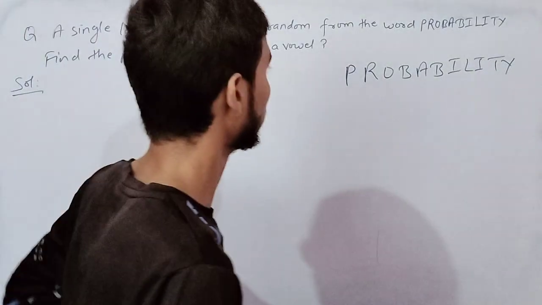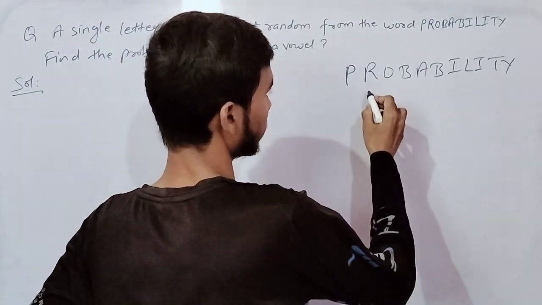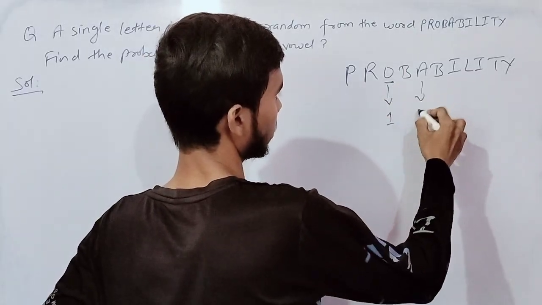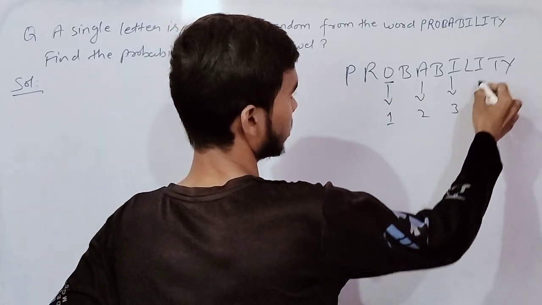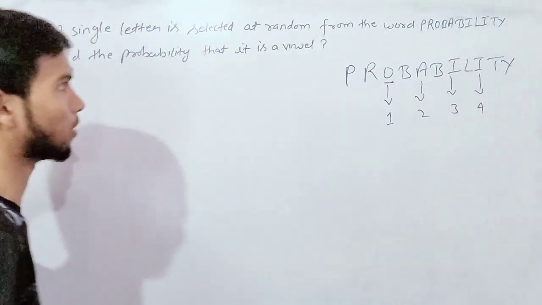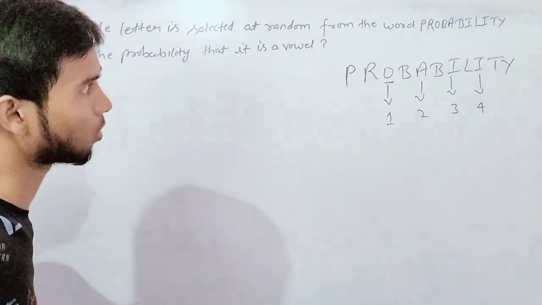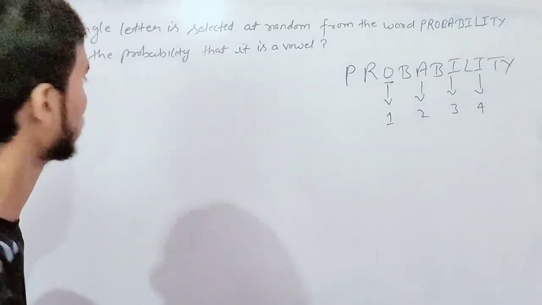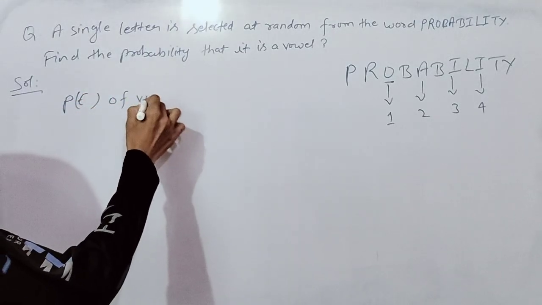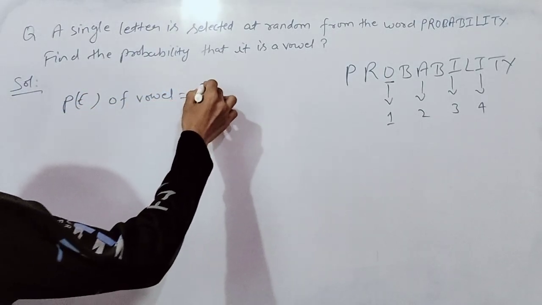The vowels are this one, this is second, this is third, this is fourth. So there are four vowels in this word. So finally we can say the probability of a vowel would be how much?